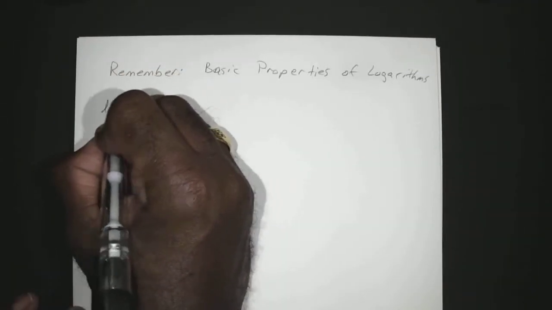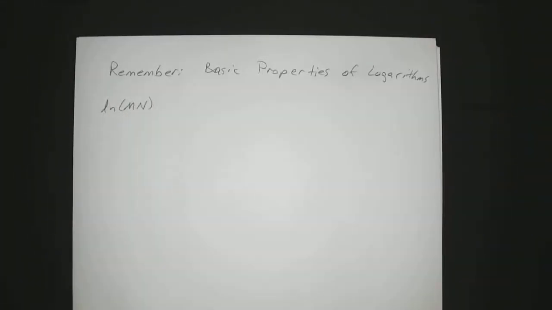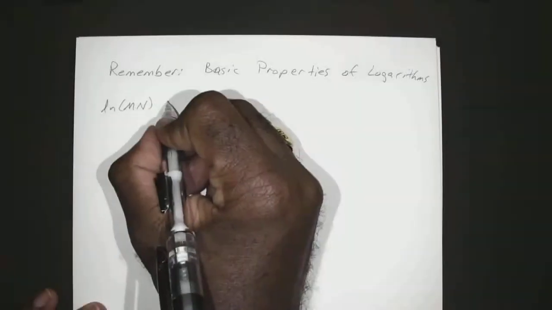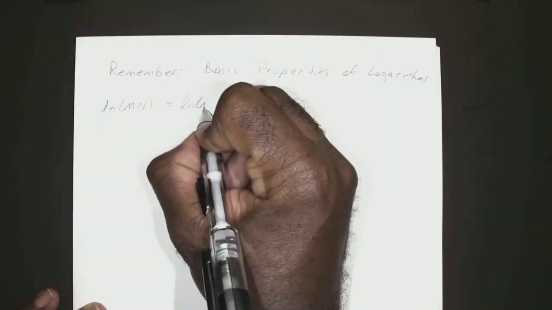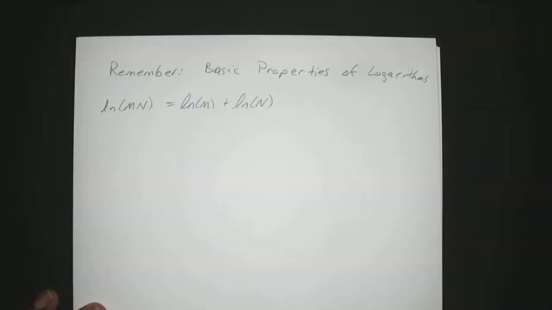So let's say if you have the natural log of some m times n, then that's going to equal the natural log of m plus the natural log of n.